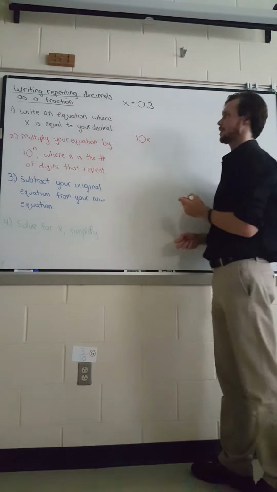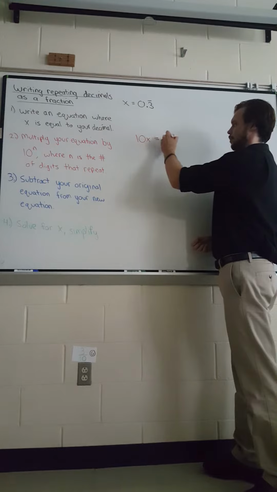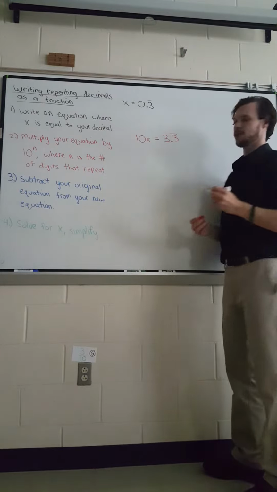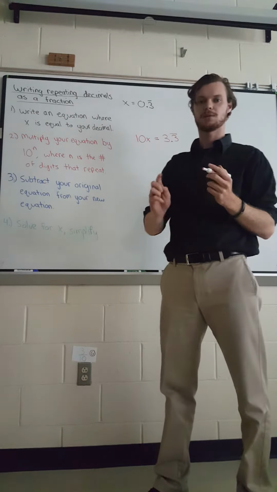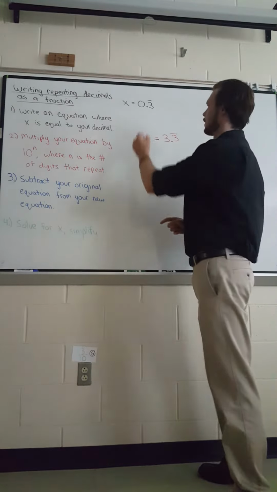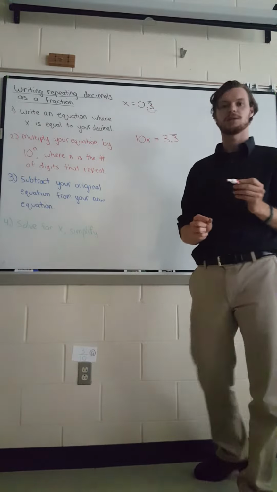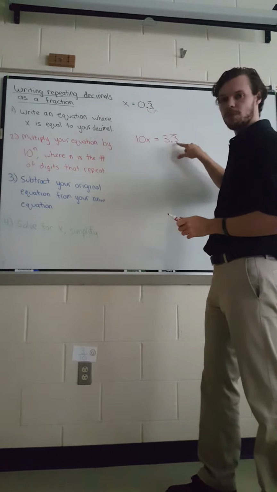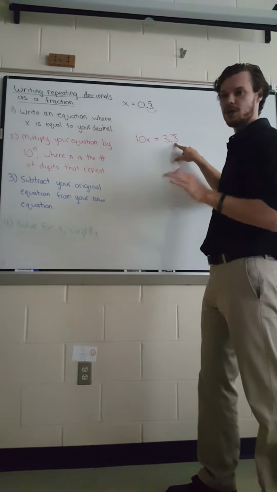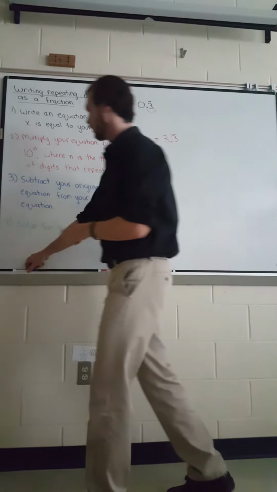That gives us 10x on the left side, and it's going to give us 3.3 repeating on the right side. Remember, when multiplying by 10, all you have to do is take your decimal and move it one spot to the right. Since it's a repeating decimal, we have to remember to have the repeating 3's on the right-hand side. They do not go away.